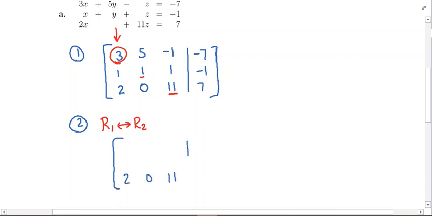So I'm just going to go ahead and write that down. And now I'm going to switch the 2 rows. So the first row is going to become the second row. Remember, the entire row switches, including the -7. And then what was the second row will now become the first row. And now we've got a 1 in this spot.